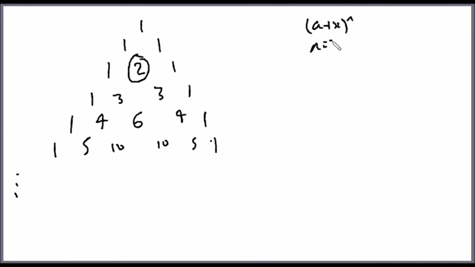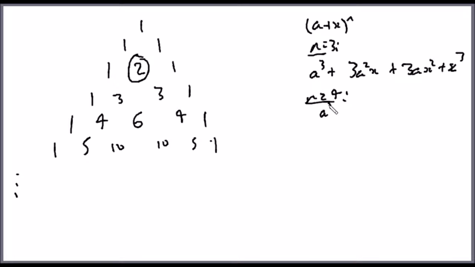When n equals 3, the product there was a cubed plus 3a squared x plus 3ax squared plus x cubed, and n equals 4 is a to the power of 4 plus 4a cubed x plus 6a squared x squared plus 4ax cubed plus x to the power of 4.